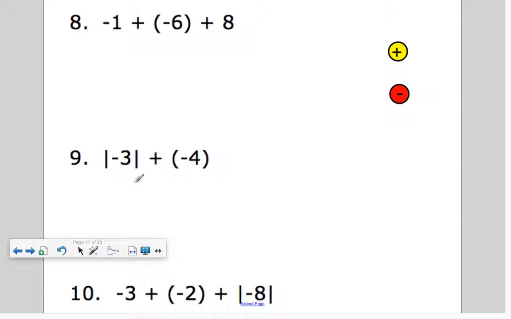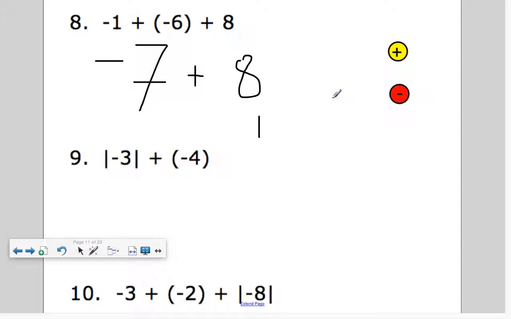Number 8, -1, I'm going to mix it with 6 negatives. And I'm going to mix it up with 8 positives. Let's see if we do this mentally now. If I mix 1 negative with 6 negatives, I will have 7 negatives. And then I'm going to put it together with 8 positives. Will I have more negatives or more positives? More positive by 1.